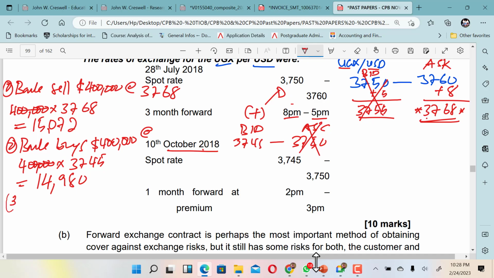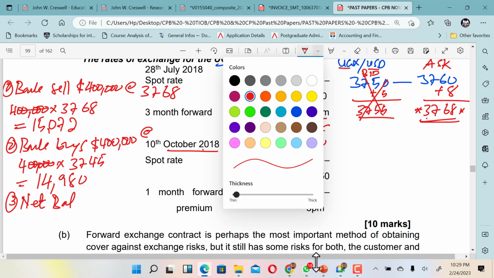All right. Now, number 3, you're supposed to compute net balance. Net balance will be the difference between selling and buying. So the bank has just bought the USD, 400,000 USD, at a price of 14,980 and sold them at 15,072.